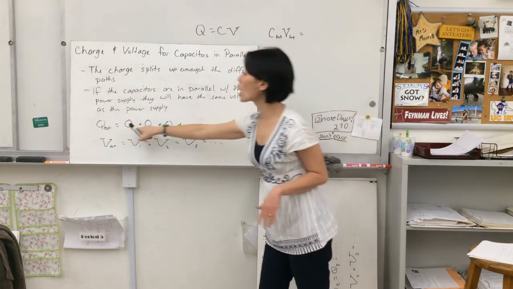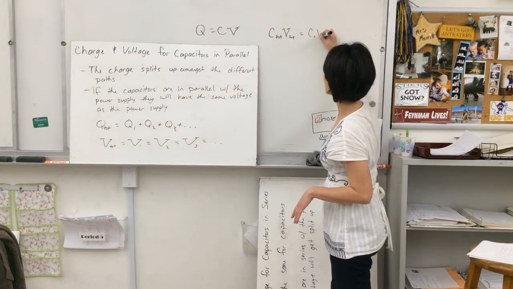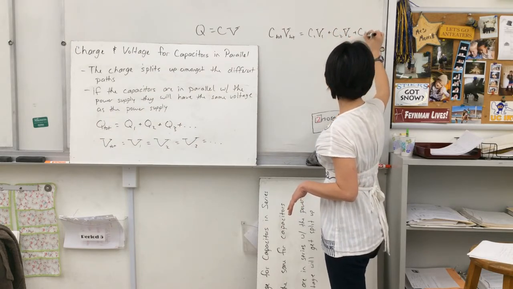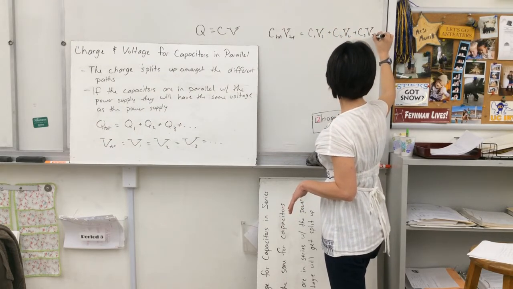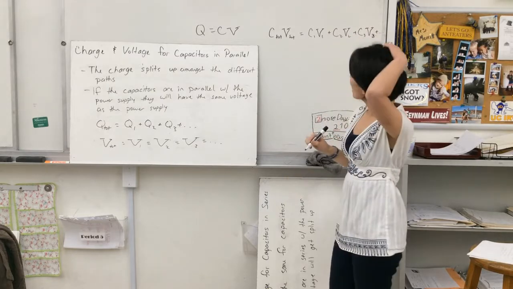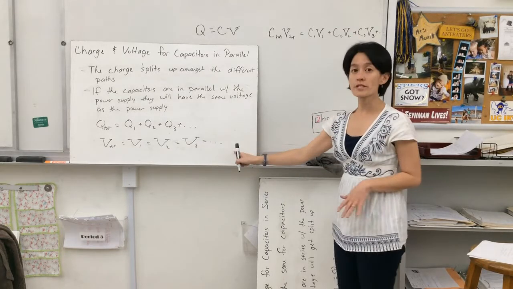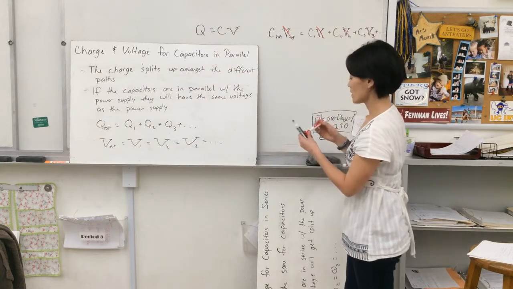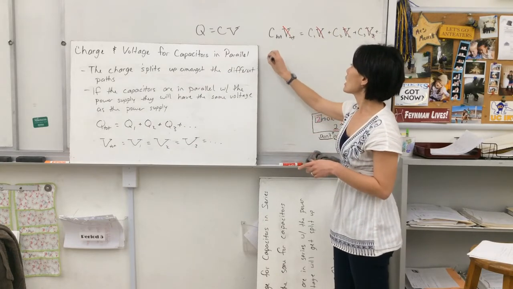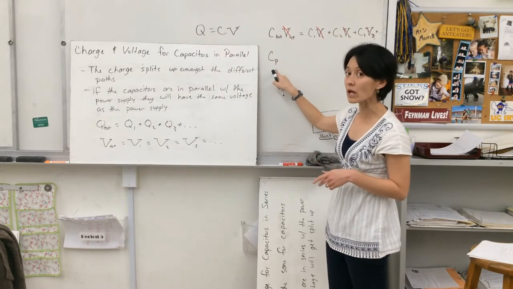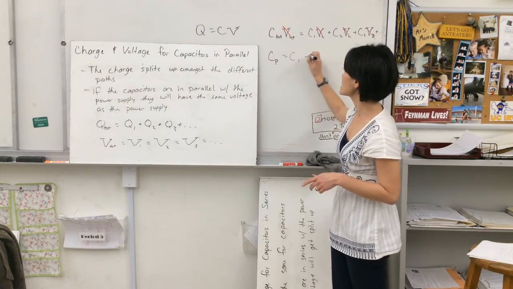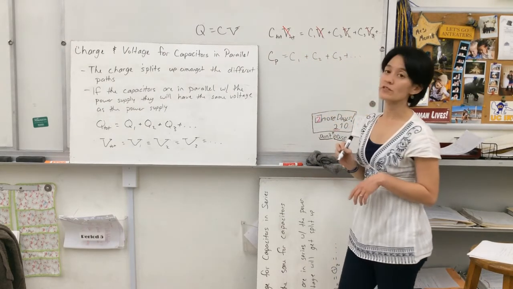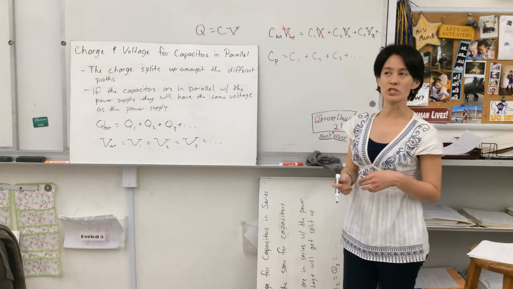Instead of writing Q1, I would have C1 V1, C2 V2, C3 V3, etc. But I know that voltages are the same in parallel, so that can actually just cancel, because it's in every term. So I would have that for capacitors in parallel, the total capacitance is just the sum of the individual capacitors. And again, we were kind of expecting that relationship.